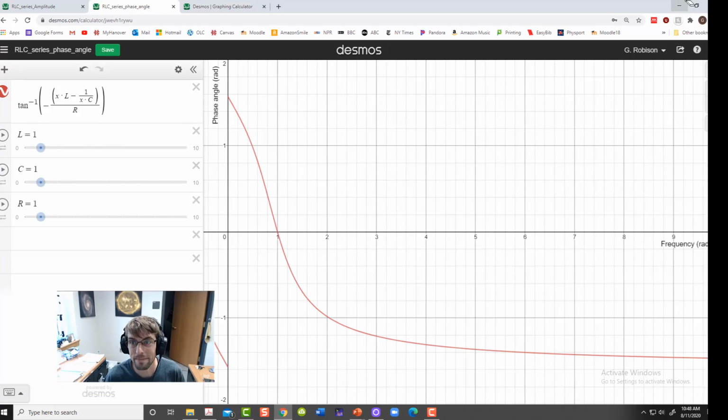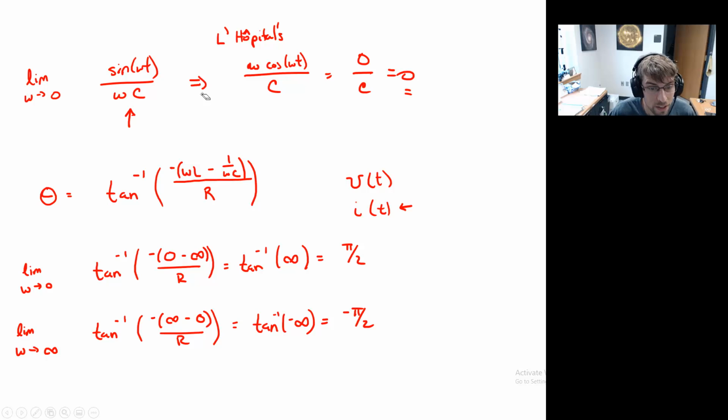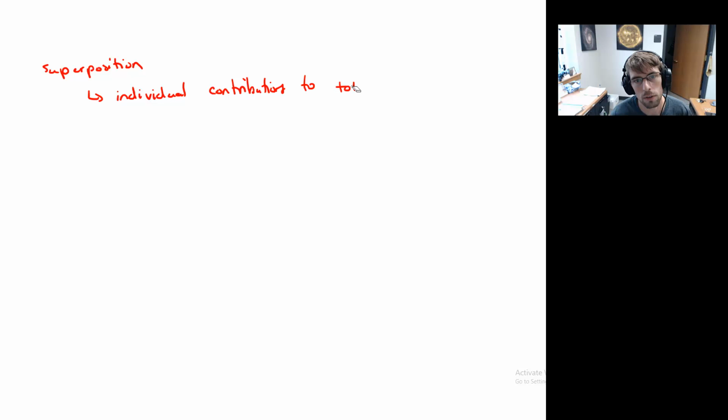Okay. So that being a brief foray into, hey, we can use that principle of superposition to consider the individual contributions to total current.